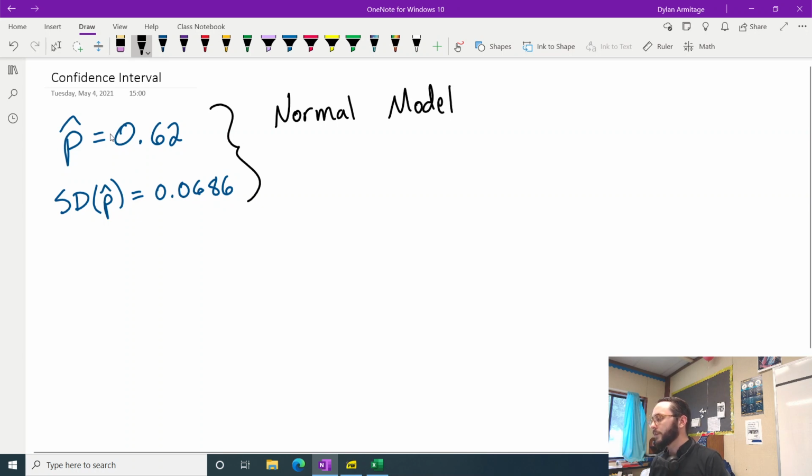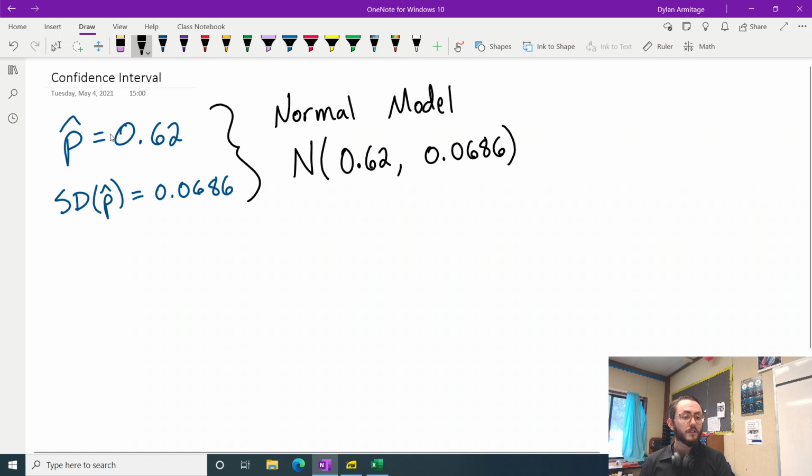Okay, so that would give us a mean of 0.62 and a standard deviation of 0.0686. Now, through the magic of pausing the video, let's see what a normal distribution would look like with these values.